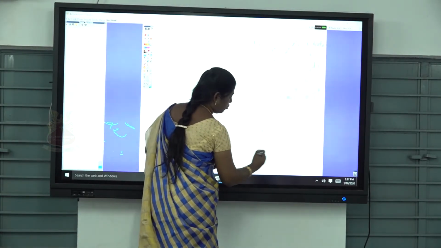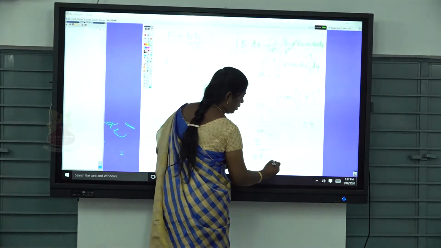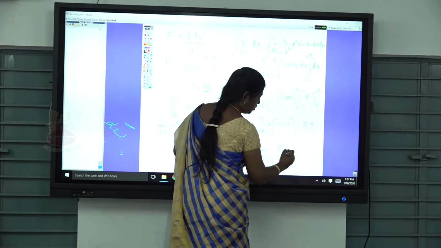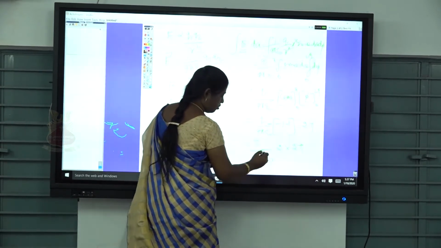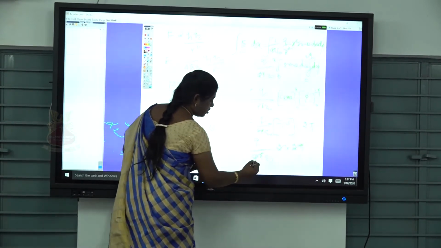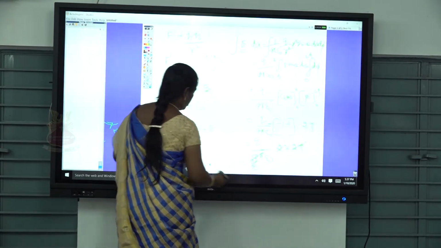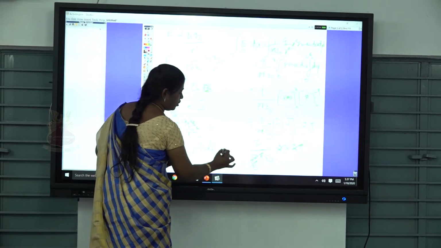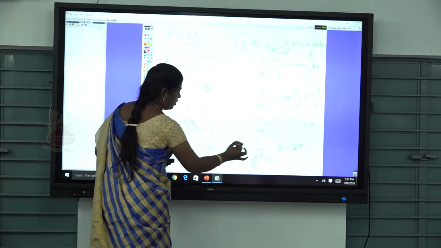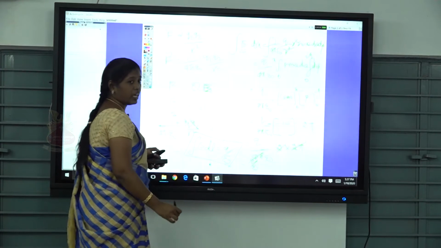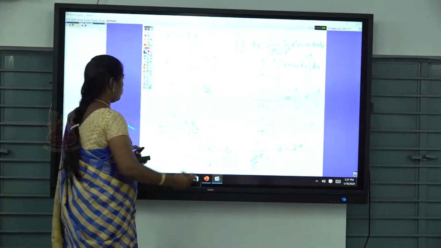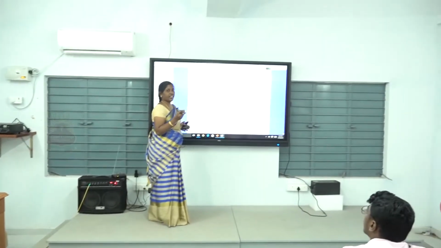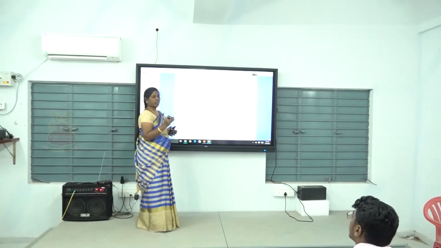Therefore Q by 4 pi epsilon naught into 2 into 2 pi. So 4 pi cancels, and we get Q by epsilon naught. So the closed integral of E dot dA is equal to Q by epsilon naught. This is the Gauss law in electrostatics.